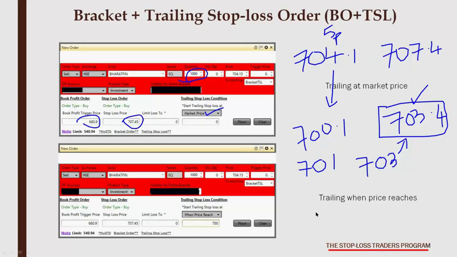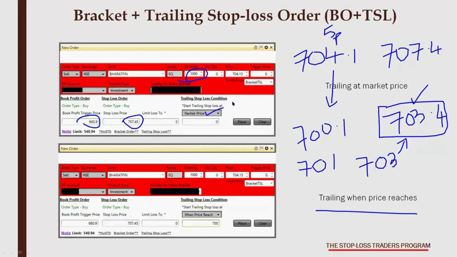Okay, let's say you're entering in the same trade. Sell side, you have a profit book trigger price and you have stop loss trigger price, and you're trailing at market. So by one tick, if it is moving in your favor, let's say the last traded price after giving you the complete fill, it becomes 704.1. It moves in your favor by one tick, that is 5 paisa.